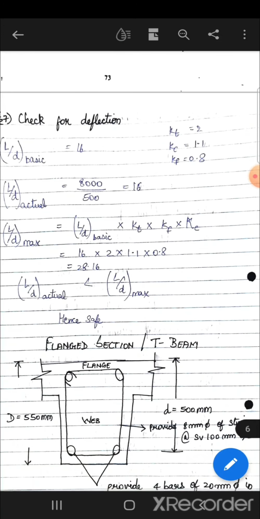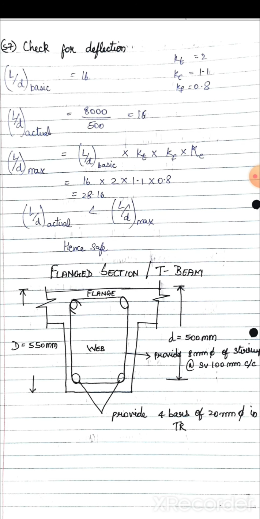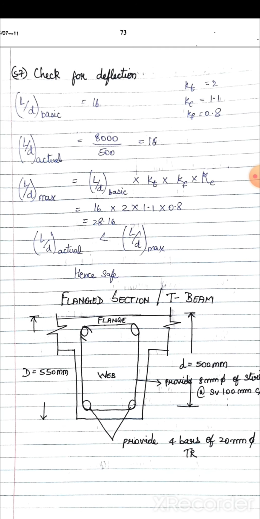The next step is finding the check for deflection. L by d basic for a T flanged beam is 16, and L by d actual is span by depth, whatever value we have got. That is, the answer is 16.